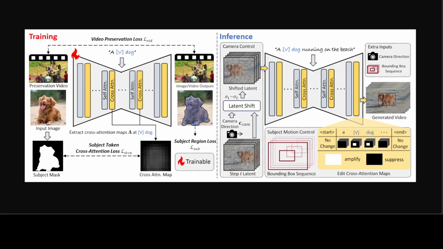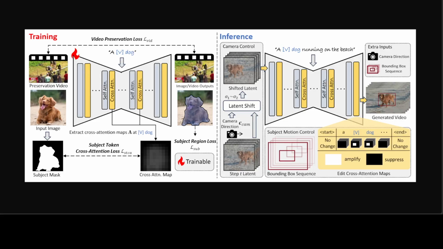First, during subject training, they introduce subject region loss and video preservation loss, as you can see here, which enhance both subject fidelity and video quality. In addition, they have presented a subject token cross attention loss to connect the customized subject with motion control signals. During inference, they propose training-free techniques to control the camera and subject motion.